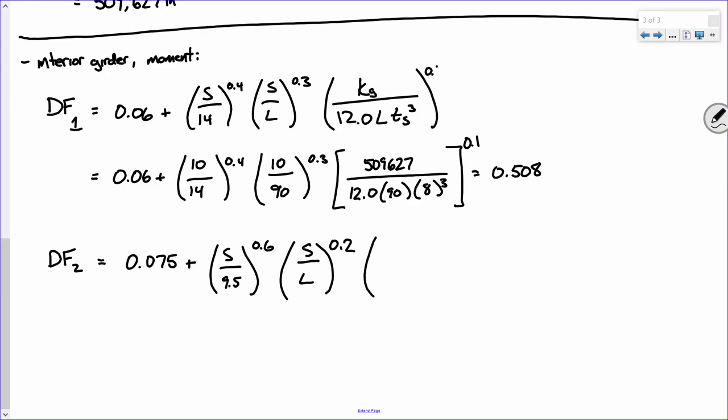And I need 0.1 up there as well. 12 L Ts cubed, kg to the 0.1. How'd I do? I do good? There we go.